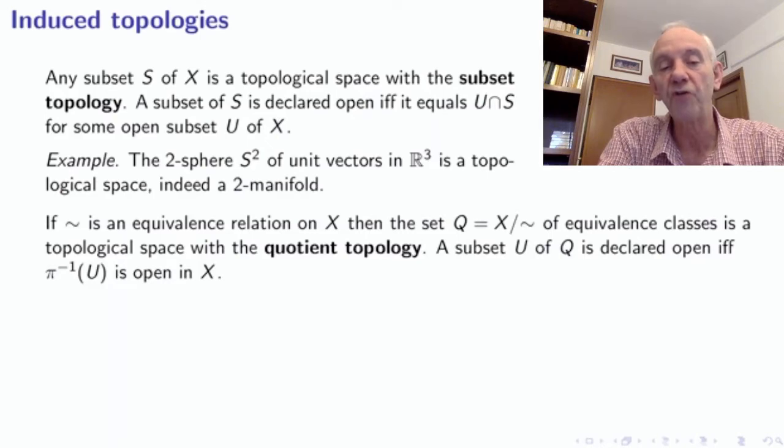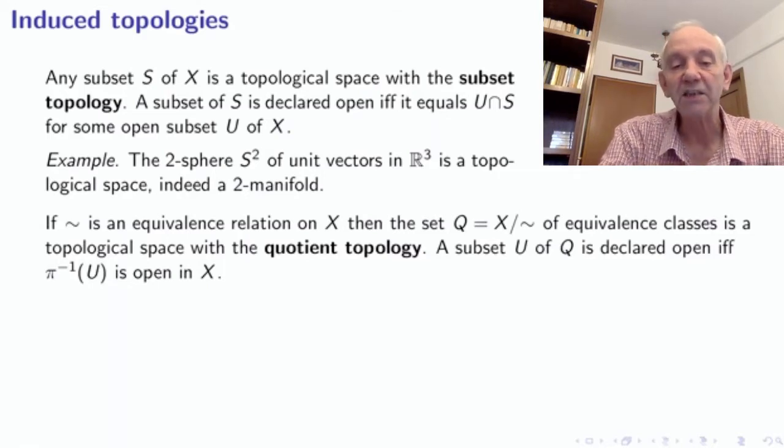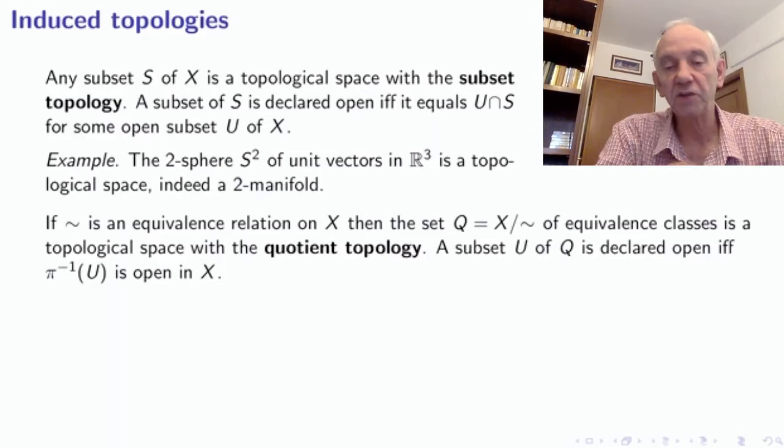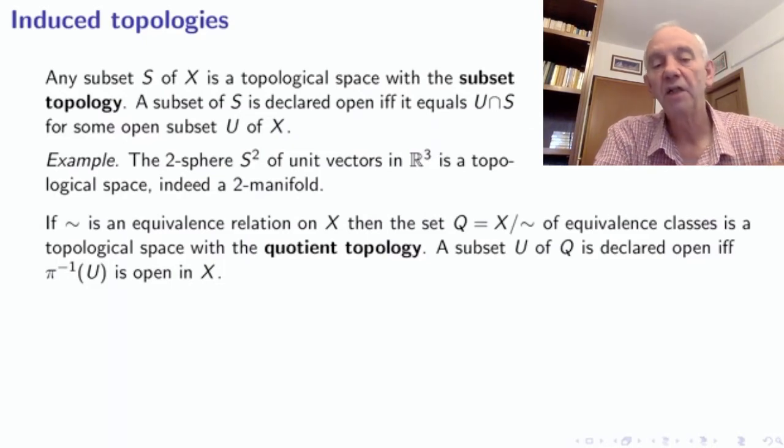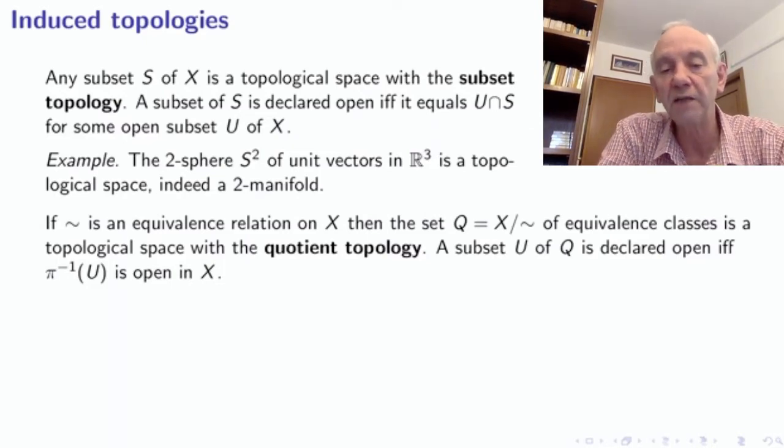And for the definition of that, I've got to define what it means for a subset of equivalence classes to be open. And the point is, whenever you have an equivalence relation, you have a mapping pi, which maps the set to the set of equivalence classes. It just maps an element x of the set X to the equivalence class that contains x. That mapping I call pi.